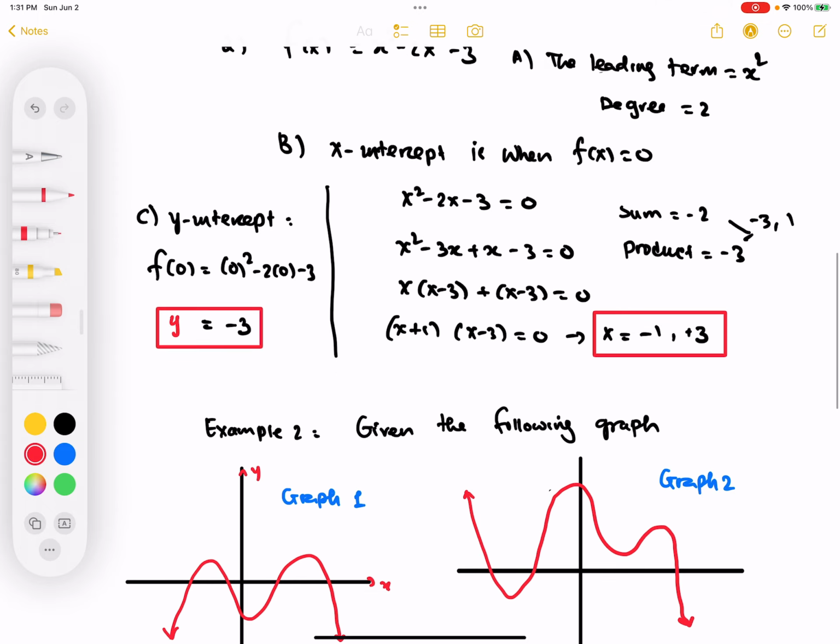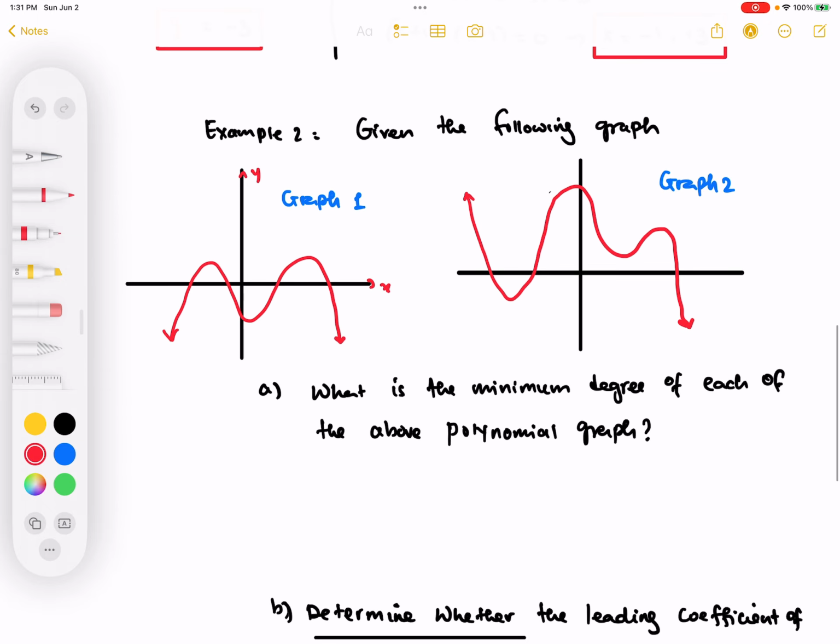Now, another question is, given the following graphs, graph 1 and graph 2, what is the minimum degree of each of the above polynomials? The minimum degree of the polynomial is determined from the turning points.